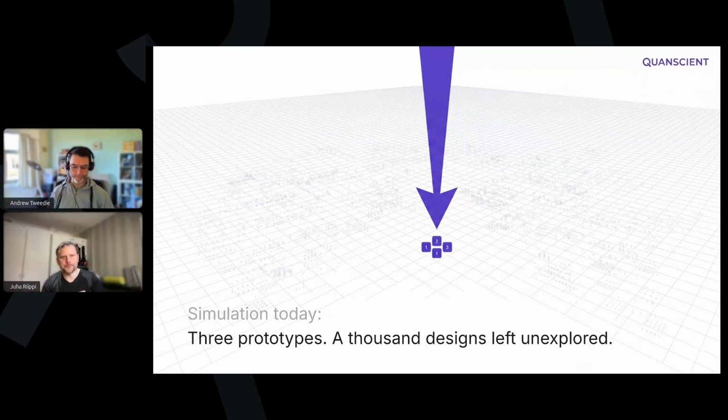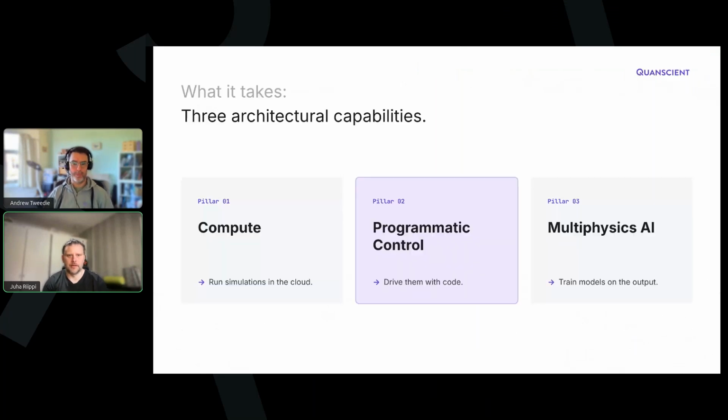Then if we start looking at what it would take to explore more of the design space and utilize AI in this, well, one, you do need a lot of compute for this. Some companies might have large on-prem clusters, but typically we're looking at the cloud. We're looking at something that can offer you this scalability when you need it and as much as you need it.